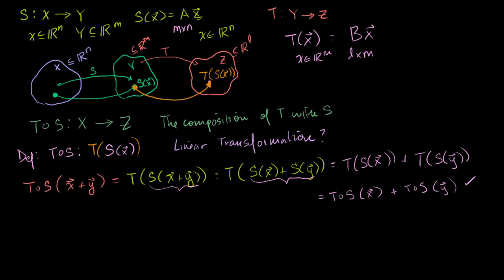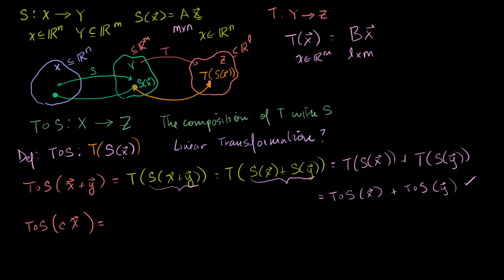And then our second requirement is we need to apply this to a scalar multiple of a vector in x. So the composition of t with s applied to some scalar multiple of some vector x that's in our set X. This is equal to what?